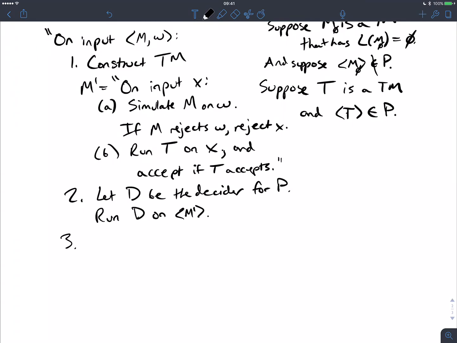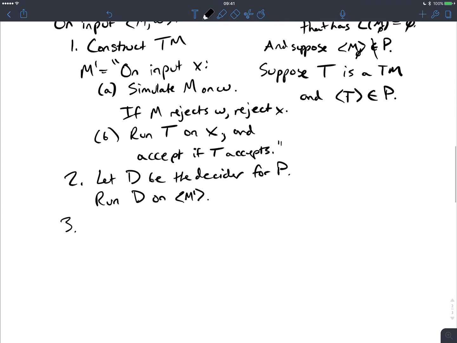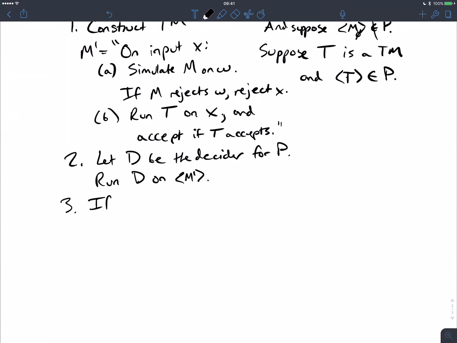And since D is a decider, could it run forever? No. So if D accepts, we have to do something, and if D rejects, we have to do something else.